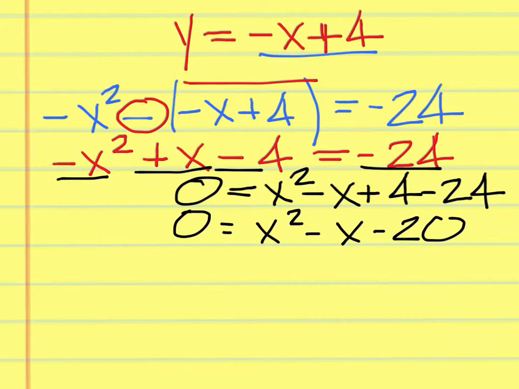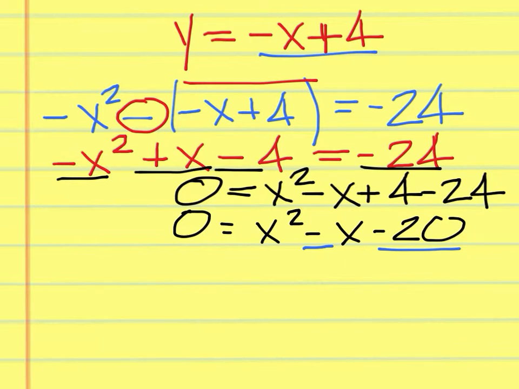So we have a quadratic equation. And we can solve this by completing the square, the quadratic formula, or factoring. Factoring is always the first option because it would be the easiest in most cases. Can I find two numbers that multiply to get negative 20 and add to get negative 1? What numbers are those? 4, 5. It's not positive 5 or positive 4. Negative 4 and 5 would give me a positive 1.